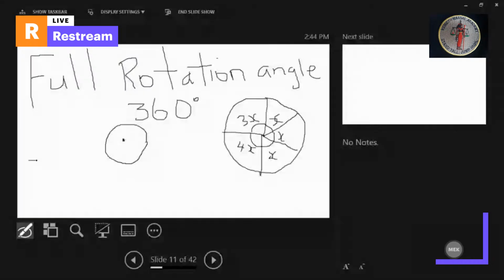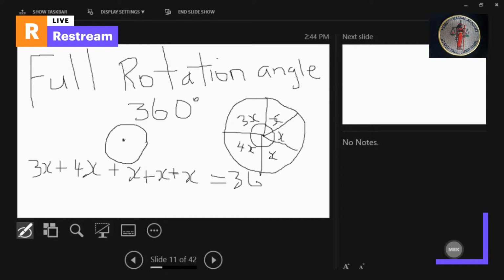Therefore, 3x plus 4x plus x plus x plus x, that's all the 5 angles. They must add up to 360 degrees. So 3x plus 4x is 7x, plus x is 8x, plus x is 9x, plus x is 10x.